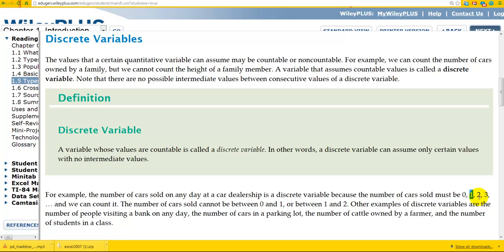It's 2, right? But you can still have smaller than that. What's the distance between 1 and 2? The distance is 1. And if you look at any of these, they're never going to be closer than 1 unit apart. So there's a minimal distance between any two possible values for the number of cars.